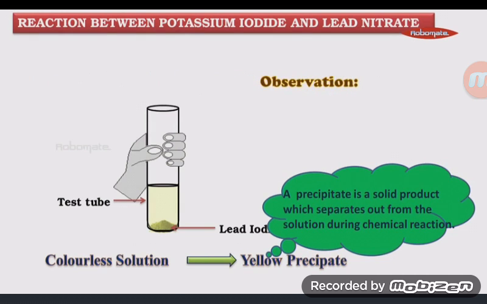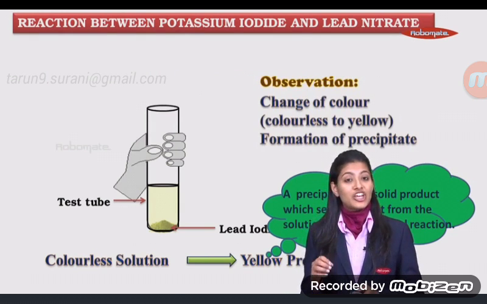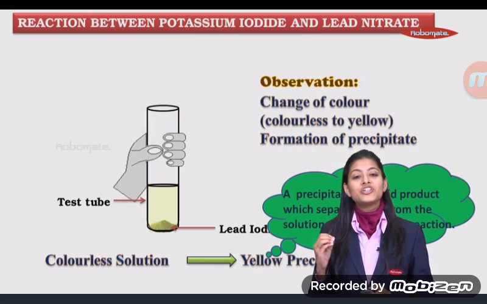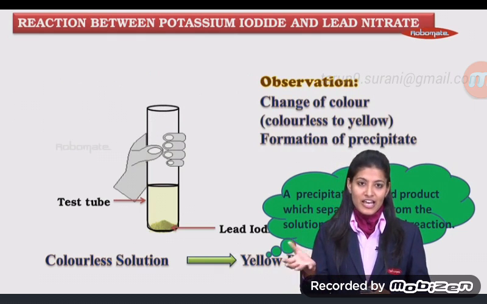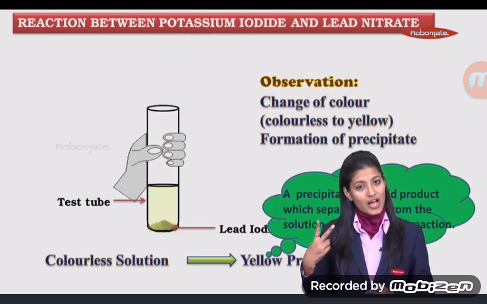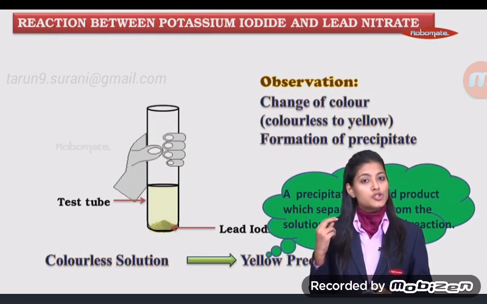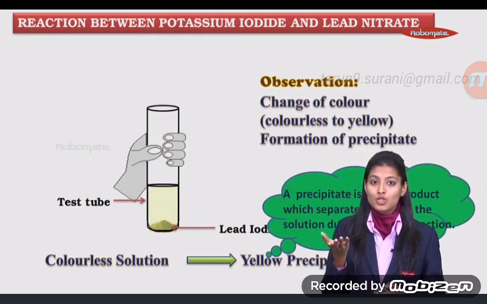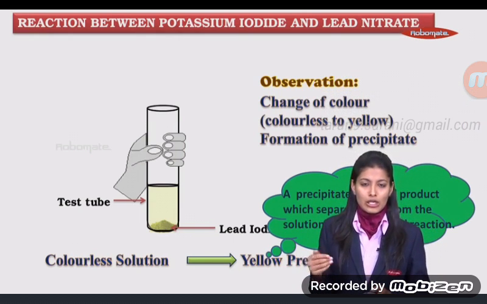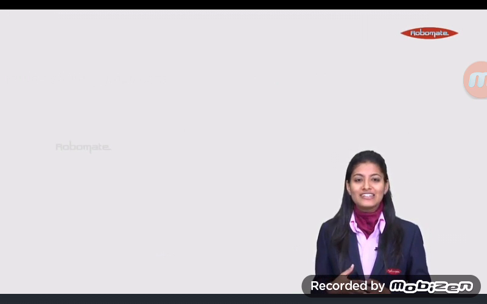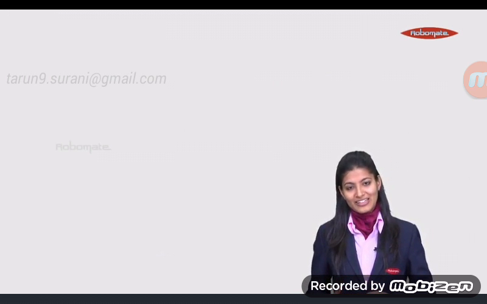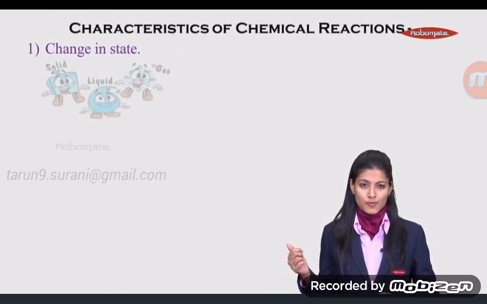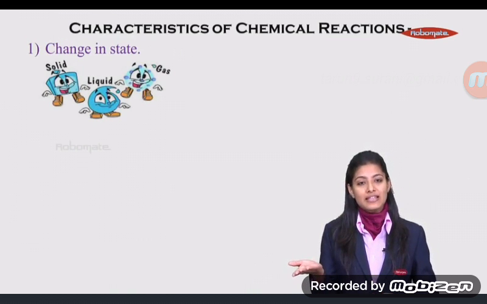Over here, the observations we made were change of color from colorless to yellow, and formation of precipitate of lead iodide. So here again we made two observations, two features which we could observe very easily, hence those being the characteristics. So let us revise what these characteristics of chemical reactions are. The very first one is change of state, from solid to liquid, liquid to gas.